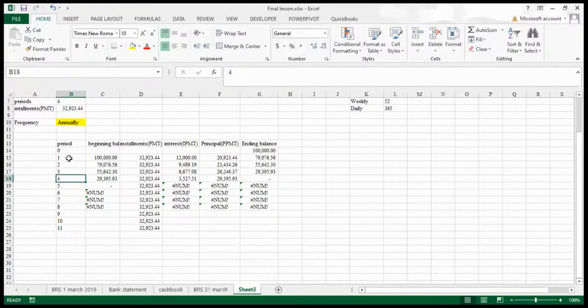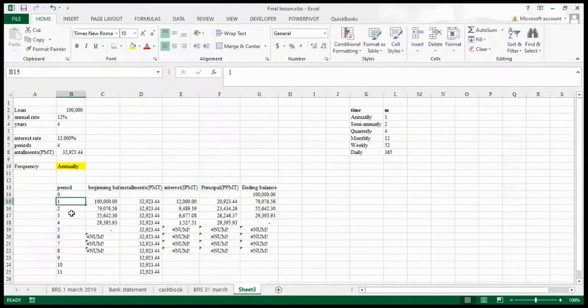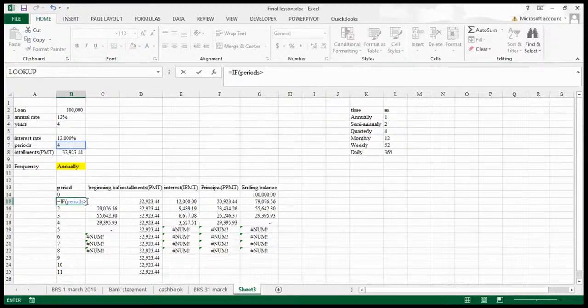So come and place your cursor in period 1. Then say equal to if, click your tab button, if the period here is greater than this 0, comma, then we will take this period or this 0 plus 1.